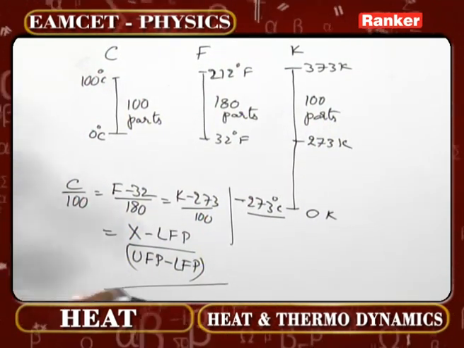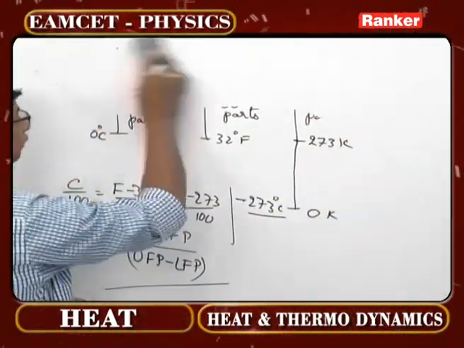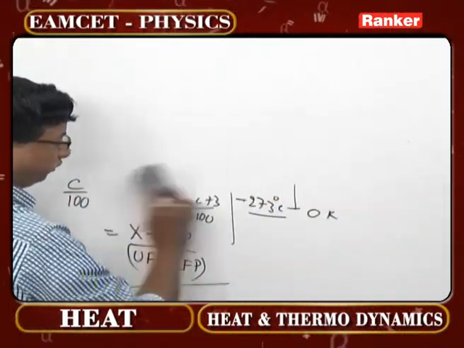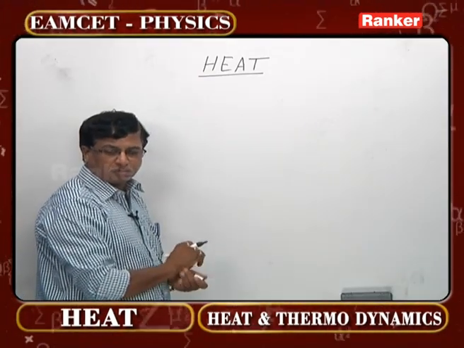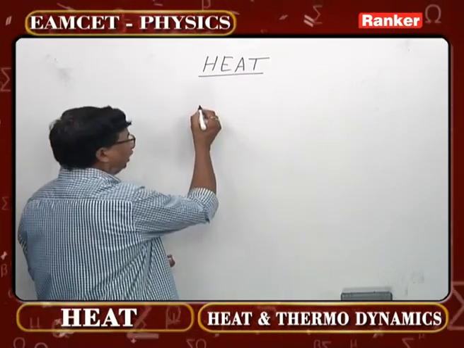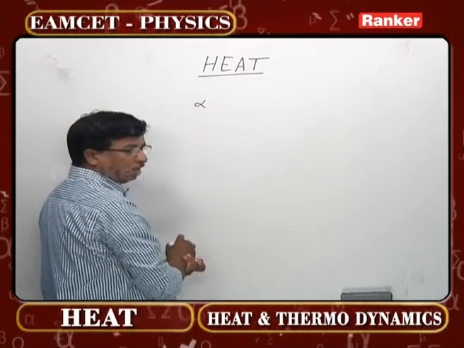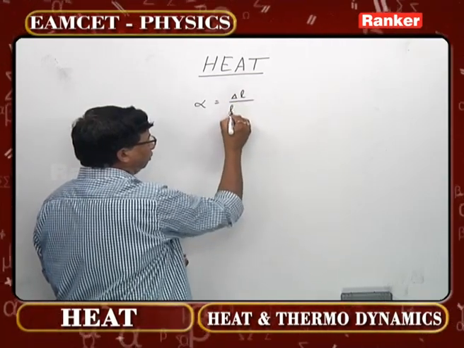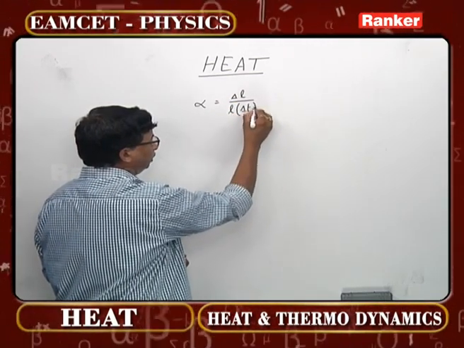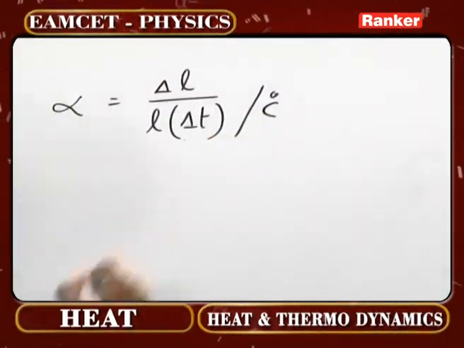Coming to the second one, while discussing expansion of solids, we take up linear expansion, areal expansion and cubical or volume expansion. The linear expansion coefficient alpha is change in length by original length into rise in temperature per degree centigrade.